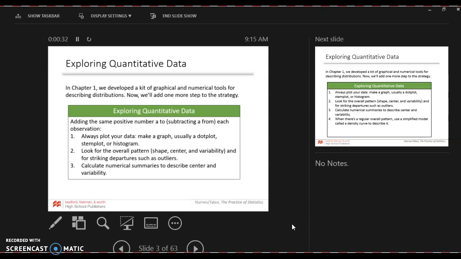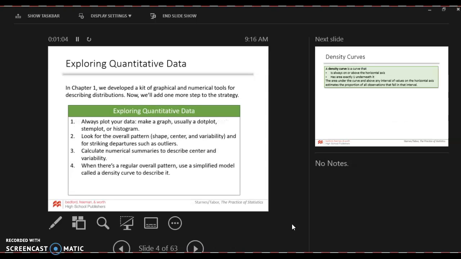And some things we've talked about in the past with this quantitative data is to, one, always plot your data, make some sort of graphical representation, and we typically then describe that pattern, describe what we see. So that's when we would talk about shape, center, and spread, and look for outliers. And then we also calculated numerical summaries to describe center and spread. So we calculated mean, we calculated median, standard deviation, and IQR.